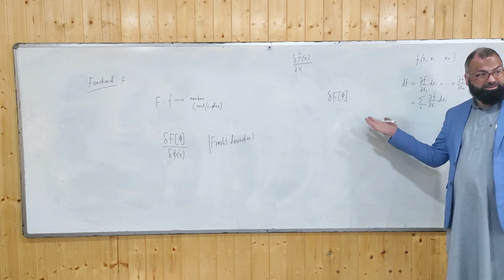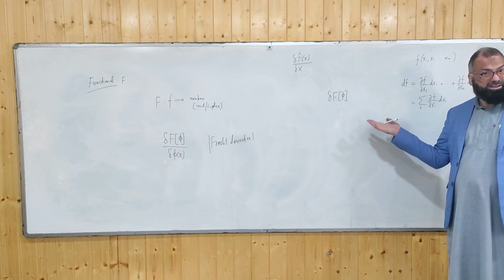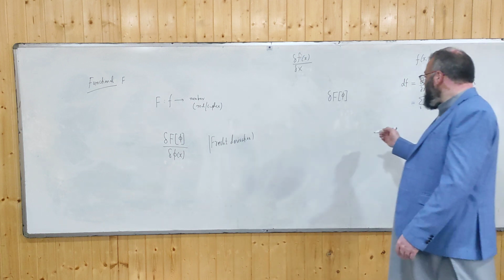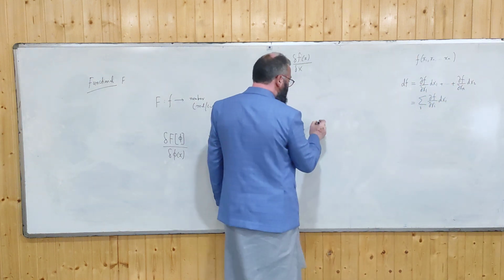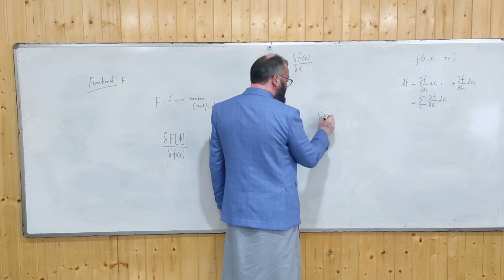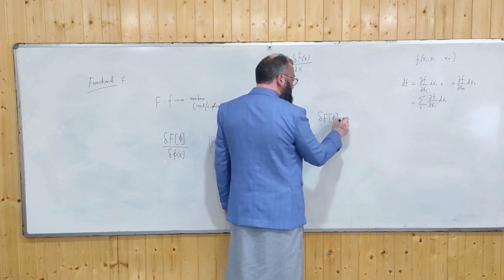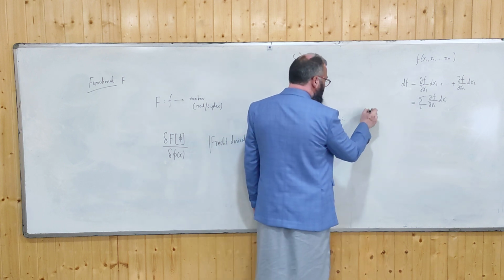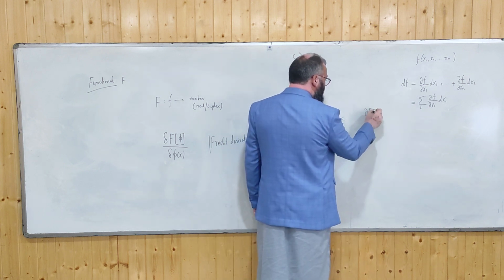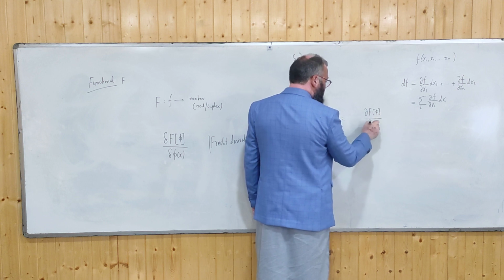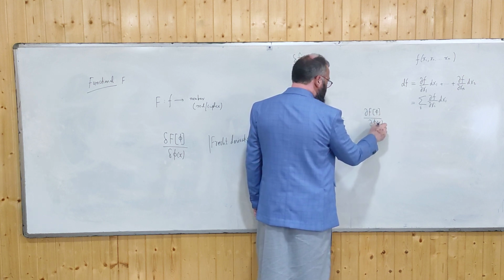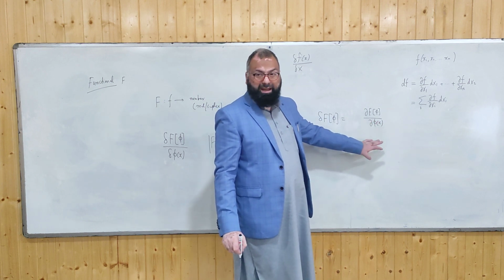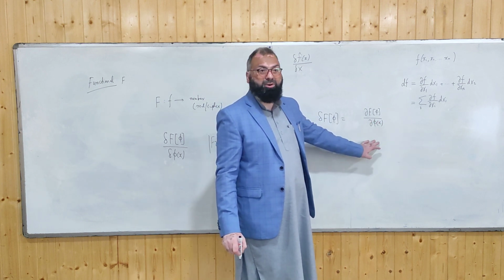So I write delta f of phi as partial f of phi over partial phi of x. This gives the variation with respect to phi at some point x.